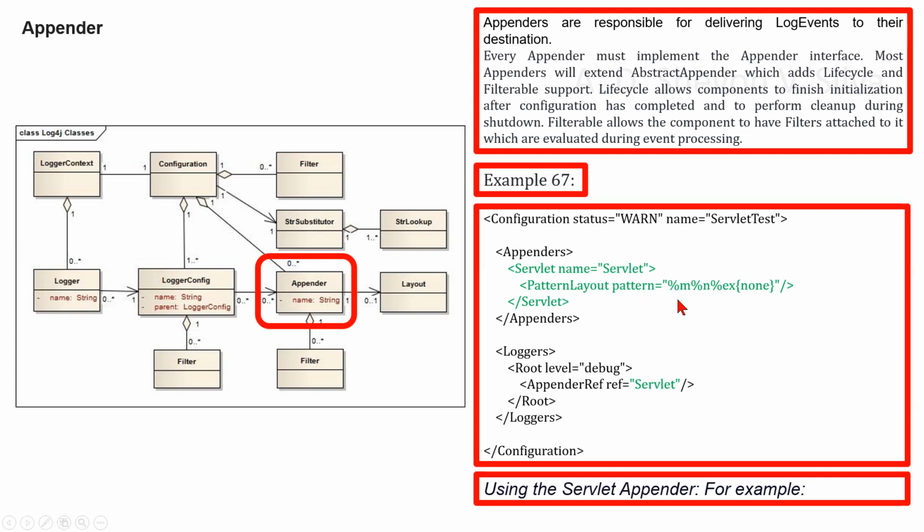As shown in this example, the exception will be omitted from the message text, but it is passed to the servlet context as an actual throwable object.